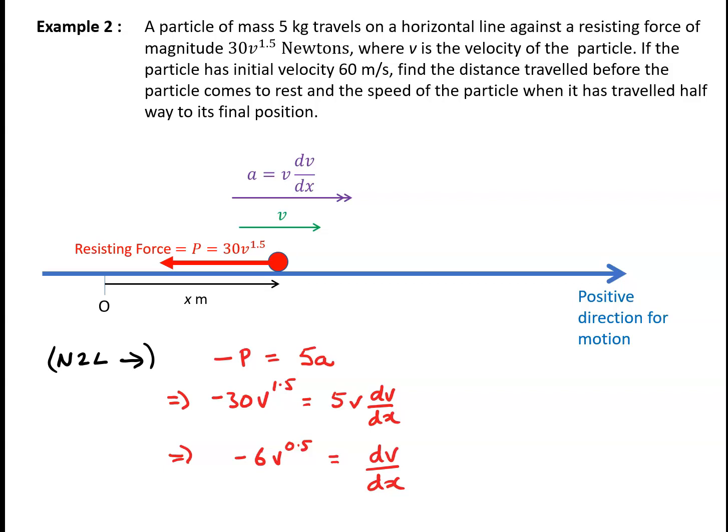Now this equation we can solve by separating the variables again. So if we divide each side by v to the 0.5, we've got minus 6 equals v to the minus 0.5 times by dv by dx.